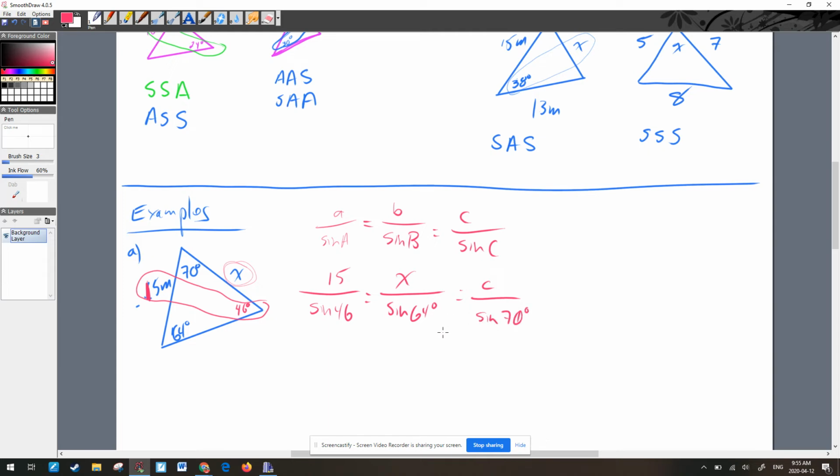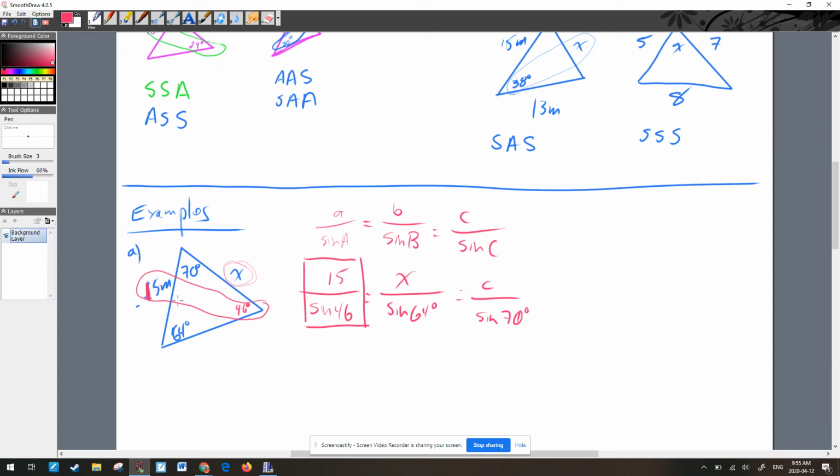Okay? So think back to sine law. What do we have to have? We need one complete ratio, and luckily, there is a complete ratio. If we have a known angle opposite a known side, known angle over known side, it means we're always going to have a complete ratio, because we have an angle and a matching side.